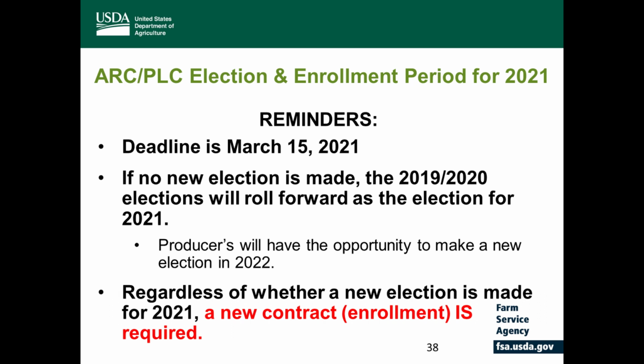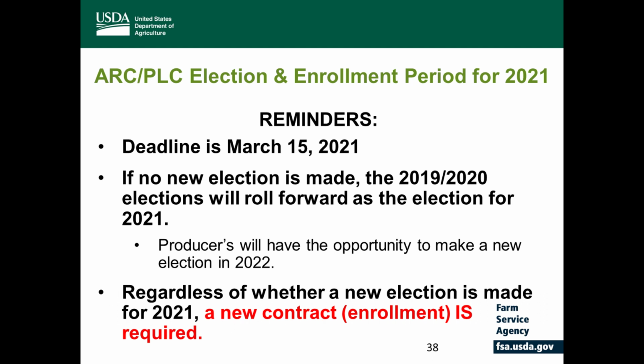So just a few reminders here before we end. Again, I just want to reiterate, our deadline is March 15th of 2021. That's not very far away, so I highly urge you to contact your FSA office. Our offices can't service everybody on the last day, so the sooner you can get in there, the better.